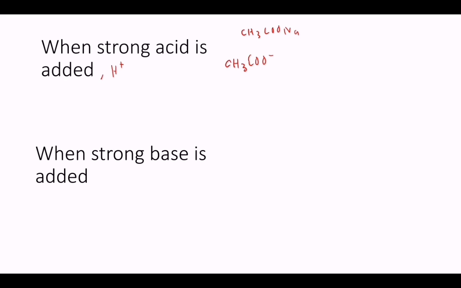The dissociation of CH3COONa will produce CH3COO- and Na+, all in aqueous form. So CH3COO-, the conjugate base, will react with the H+ added, and this reaction will produce CH3COOH.